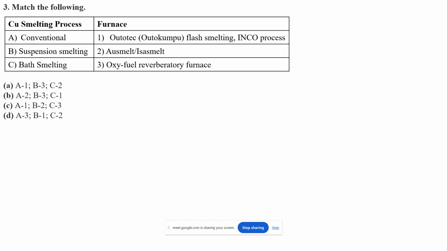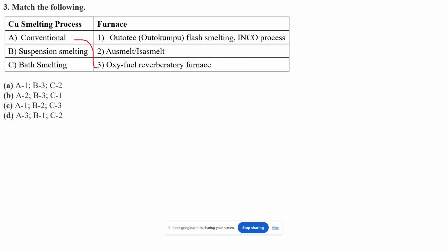Match the following. There are some copper smelting processes, and generally the furnaces used inside these processes. First one is conventional. During the conventional processes, we were using the oxy fuel reverberatory furnace, which was in use until 1950 or 1960 in the major companies.